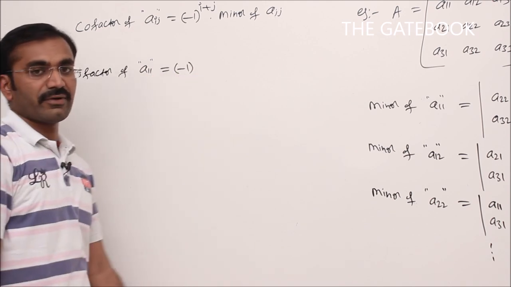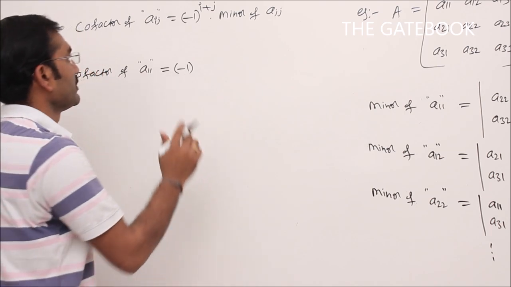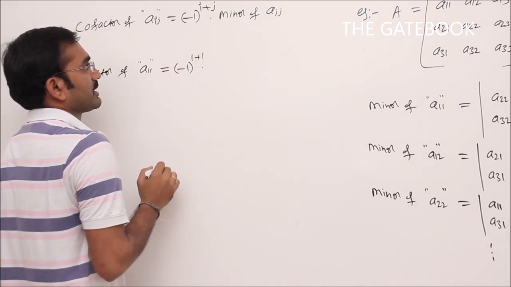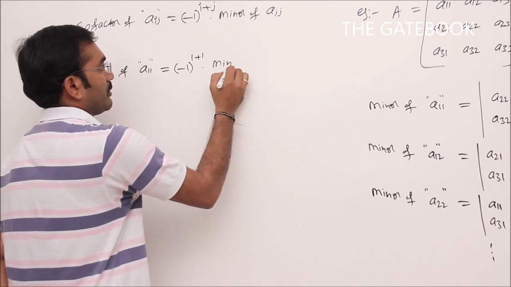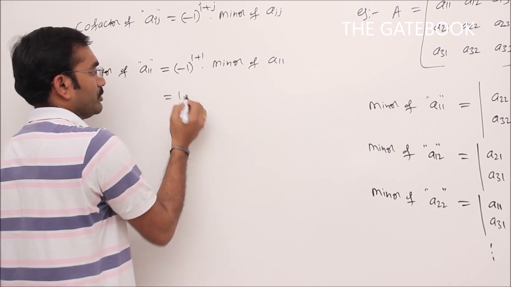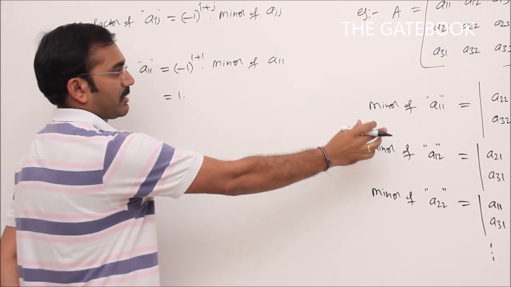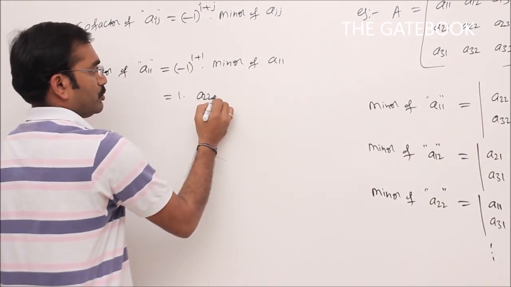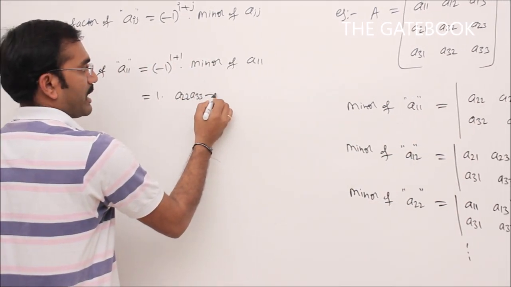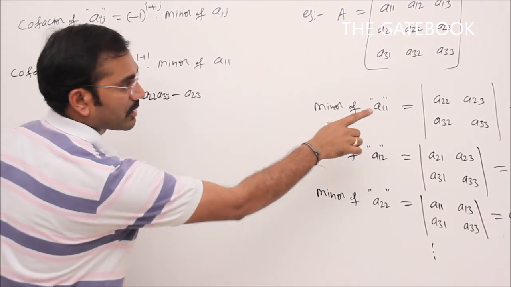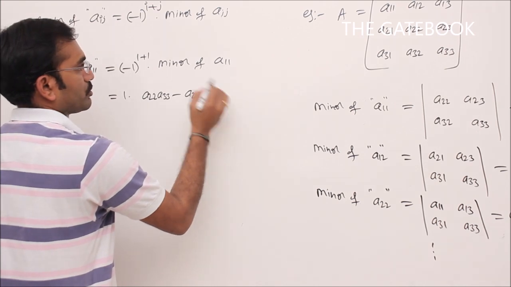A11 is the element of first row and first column, therefore i value is 1, j value is 1. We get minus 1 whole power 1 plus 1 into the minor of A11, so 1 into the minor of A11. Already we found the minor of A11: A22 A33 minus A23 A32.